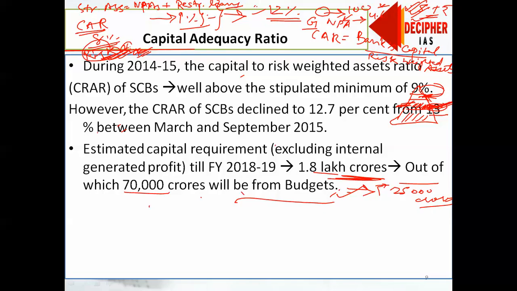Okay. Now the second point I want to tell you is that restructured standard advances as the proportion of gross credit given have also declined to 6.2% from 6.4%. Now what do you mean by restructured advances?